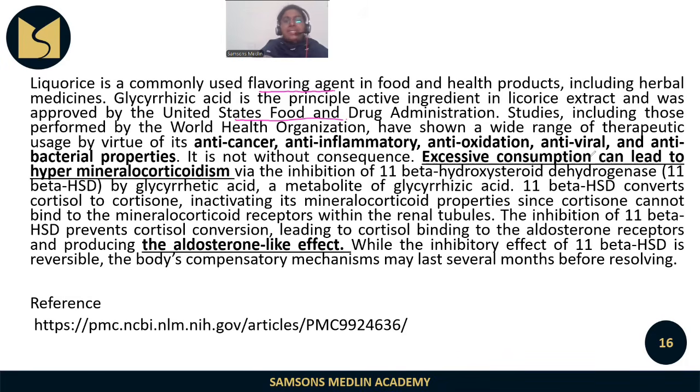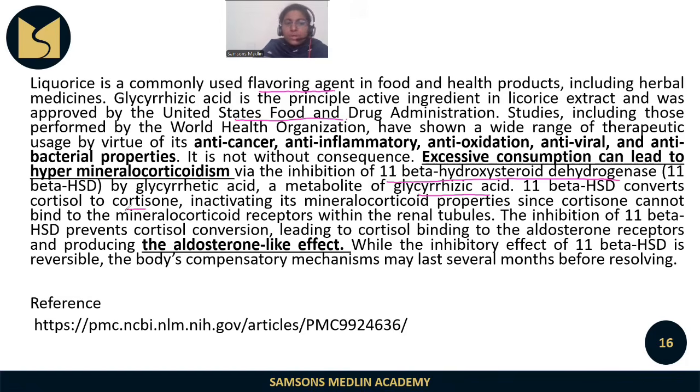Excessive consumption can lead to hypermineralocorticoidism by the inhibition of the enzyme 11 beta hydroxysteroid dehydrogenase. This is the full form of that enzyme. The inhibition of this enzyme is caused by a metabolite of glycyrrhizic acid. The function of 11 beta HSD is to convert cortisol to cortisone.